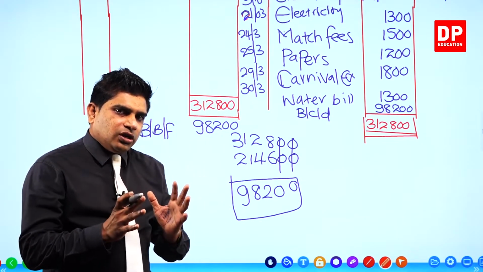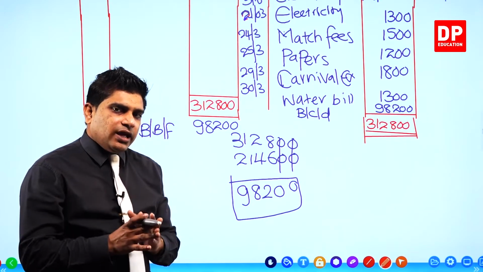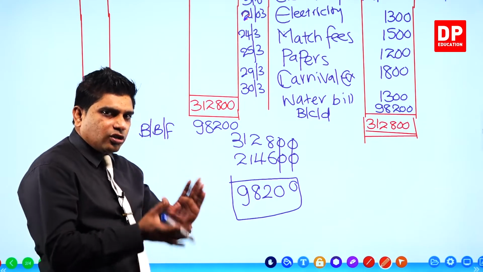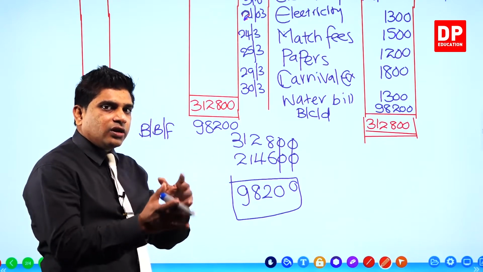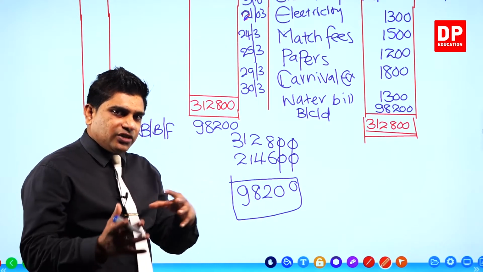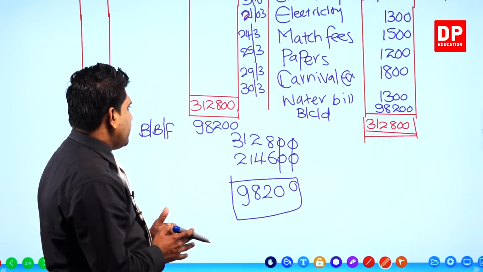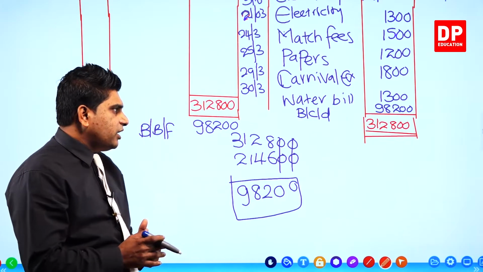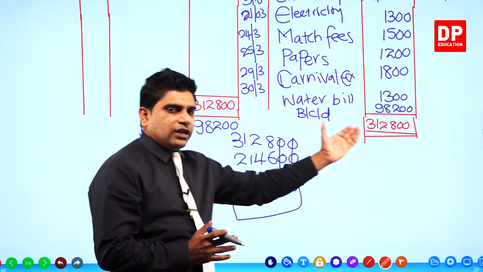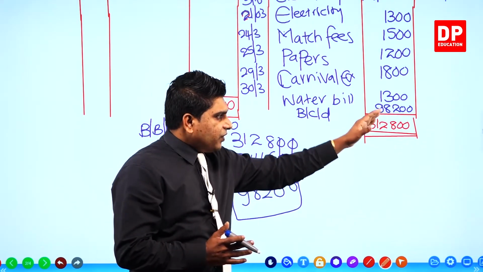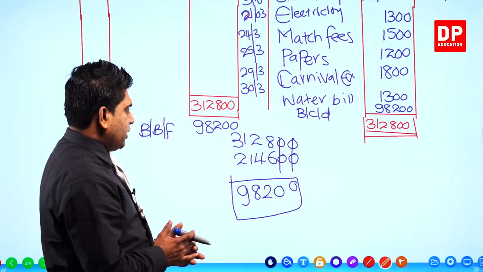Definitely the cash book total on the debit side should be high. But in this question, according to the provided details, we got the credit side as the highest value. So that's why I entered a new detail on the debit side. Then we get the debit side 312,800, and we bring the same value to the credit side as the total. The difference we got is 98,200.